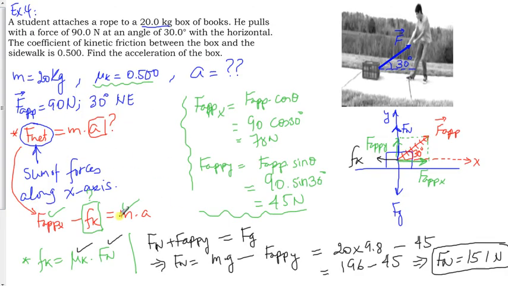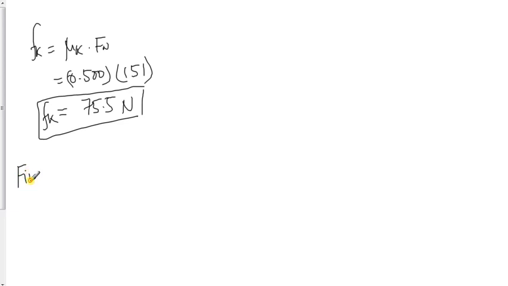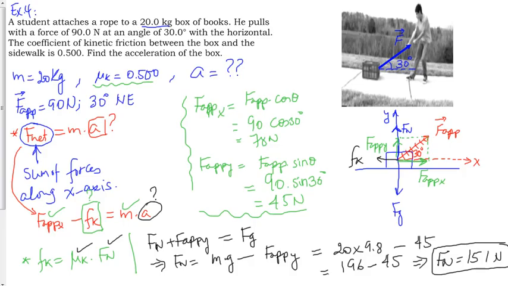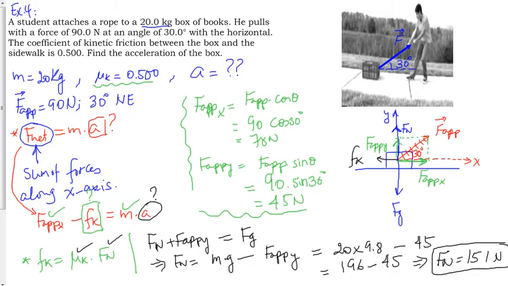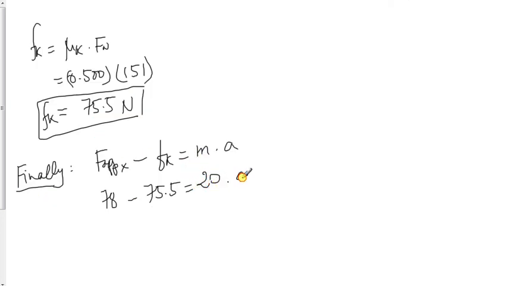Okay, are we done? No, I still have to find the acceleration. After finding Fk, I come back to this equation. F applied x, the final step comes. F applied x minus Fk equals m times a. So everything is given here except for a. F applied x is how much? 78 minus 75.5 equals m times a. How much is the mass of the box? 20 kilograms. And acceleration.